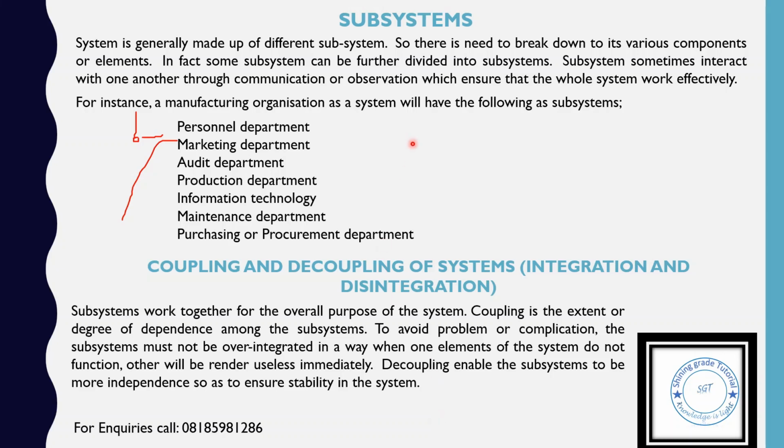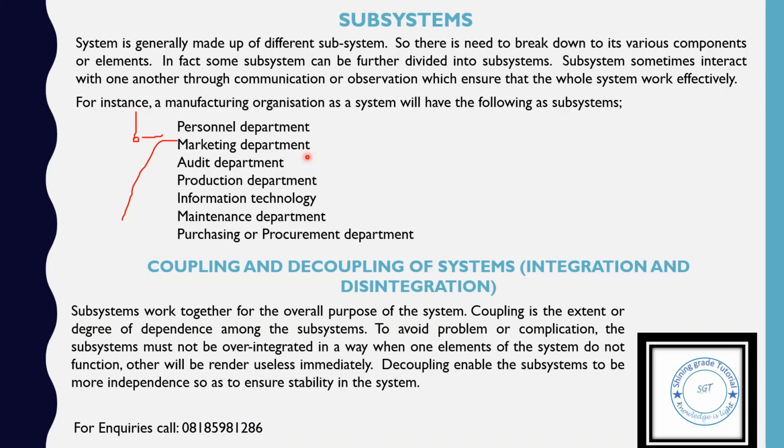All right, so we talk about subsystems. The combination of all the subsystems gives us the system, and they all work together for the proper functioning of the system. These are different subsystems in the business organization. A subsystem can as well have another subsystem. Let's give an example.